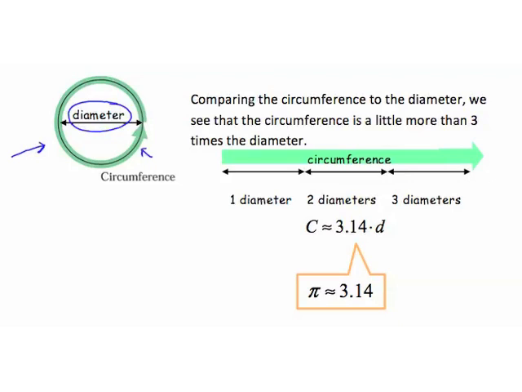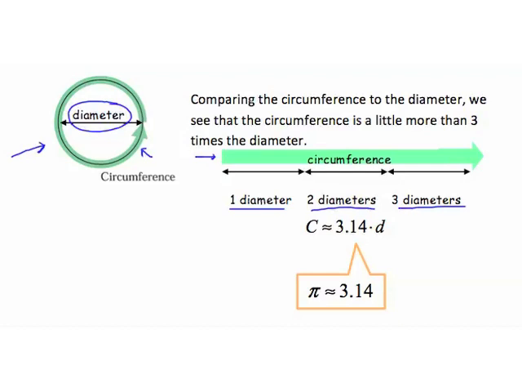Comparing the circumference to the diameter, we see that the circumference is a little more than 3 times the diameter. So here is this green distance that went around the outside of the circle, the circumference, and here is the distance of the diameters. And if we add these diameters up, here we have 1 diameter, 2 diameters, and 3 diameters. And you can see that the circumference is just a little bit more than that.